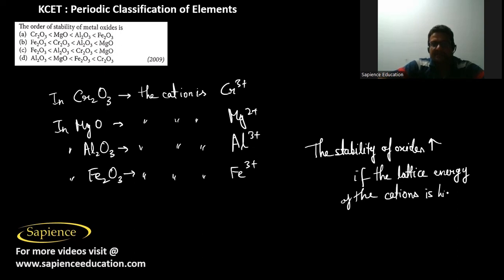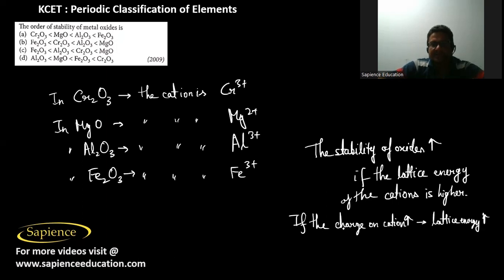So if the charge on the cation is higher, then the lattice energy will also be higher. And also if the size of the ions is smaller, then the lattice energy will be higher.